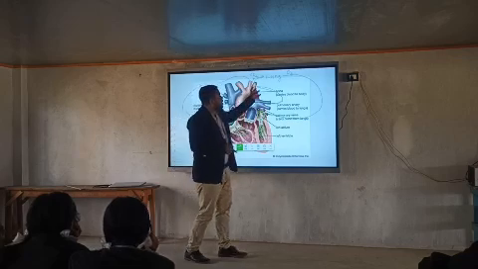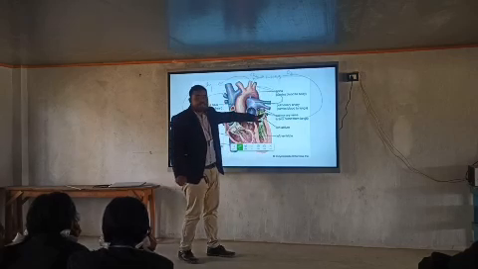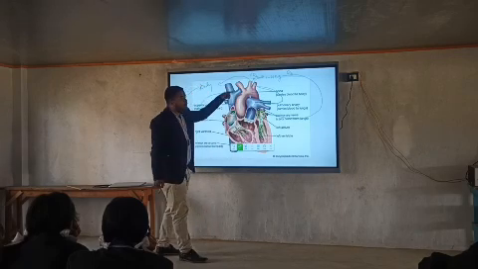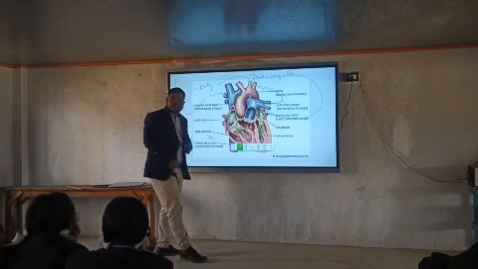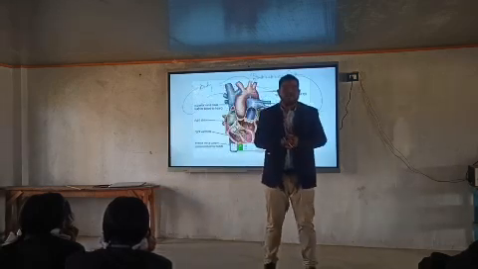From the lungs, again the oxygenated blood is coming through the pulmonary vein, and now the circulation goes on.